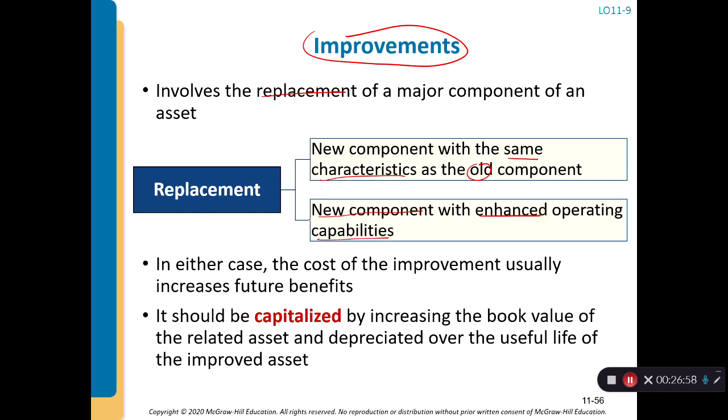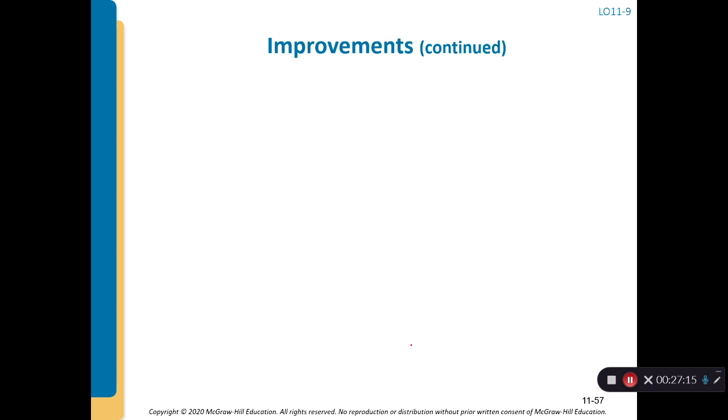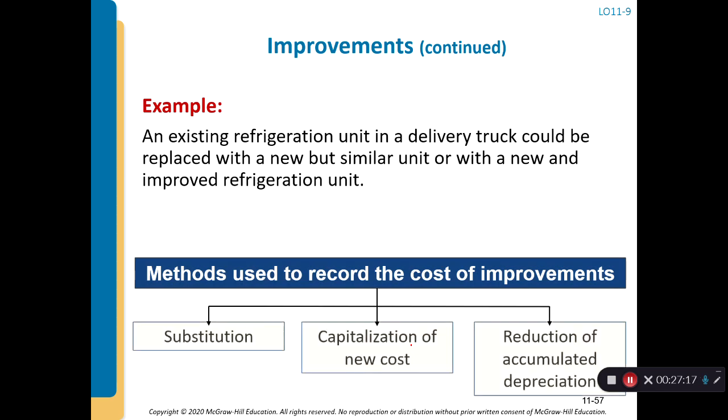In either case, those costs of improvement can increase future benefits, and hence they should be capitalized by increasing the book value of the related asset and be depreciated over the useful life of the improved asset. For example, an existing refrigeration unit in a delivery truck could be replaced with a new but similar unit, or with a new and improved refrigeration unit, right?